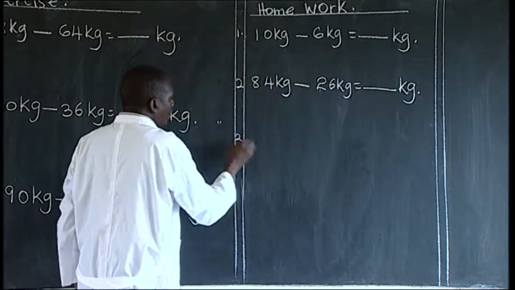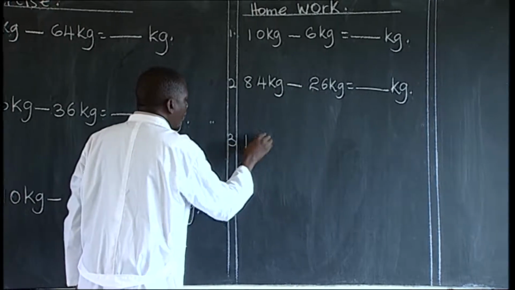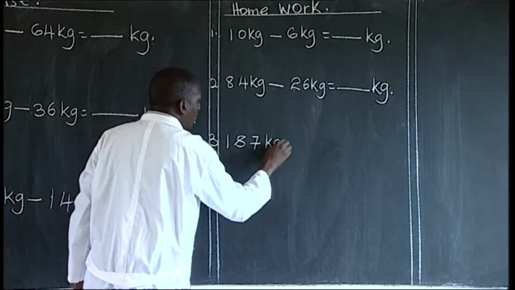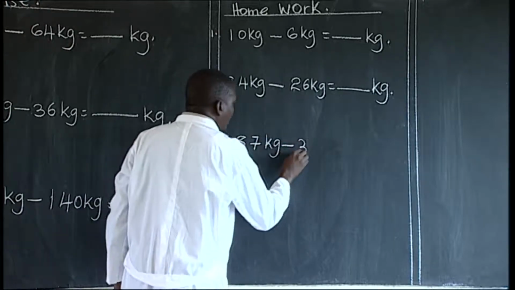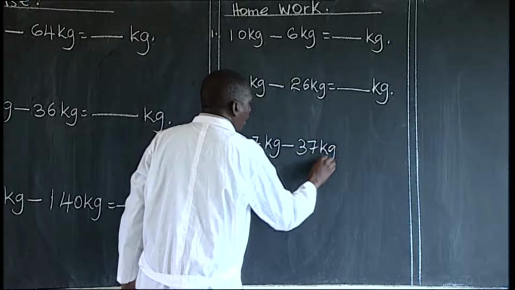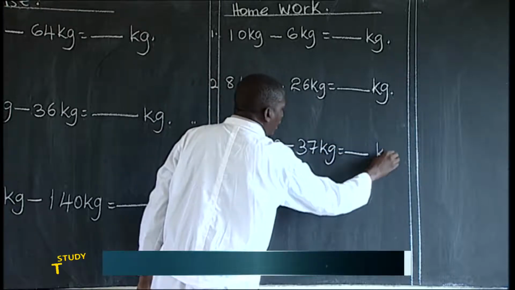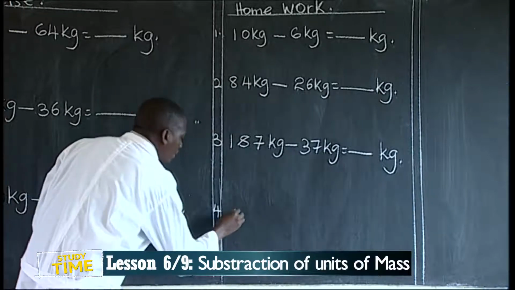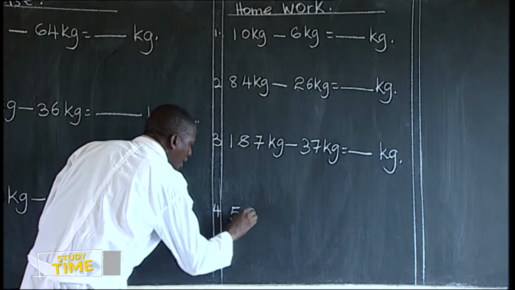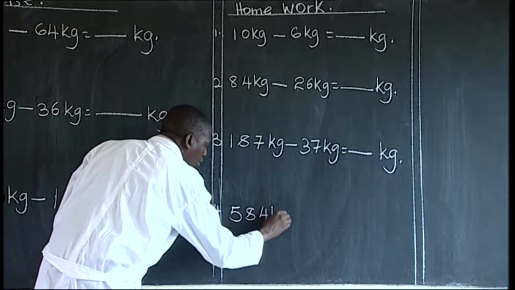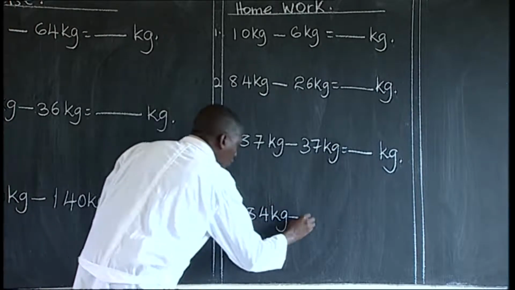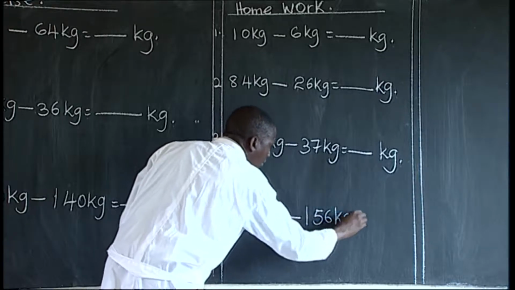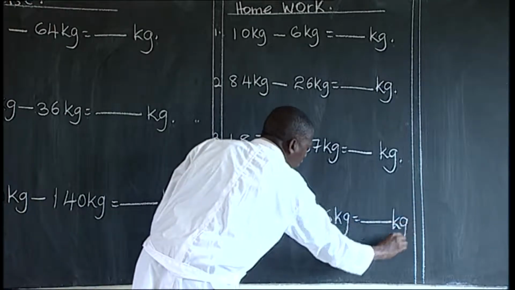Then number 3, we shall have 187 kilograms, take away 37 kilograms equals dash kilograms. The last number in homework will be 584 kilograms, take away 156 kilograms equals dash kilograms.